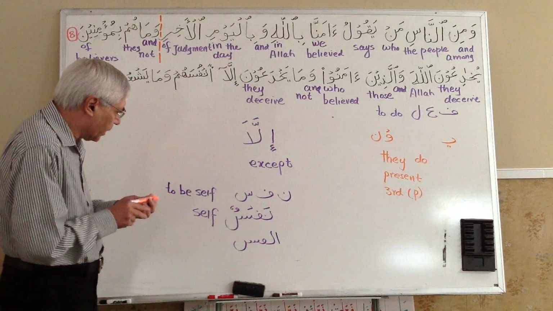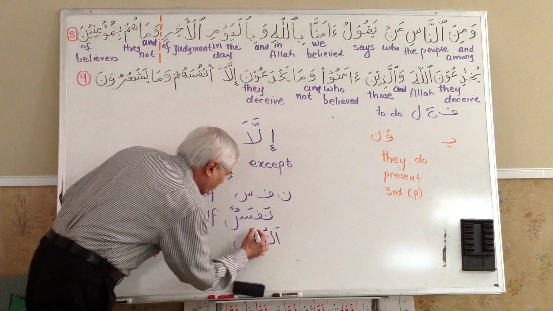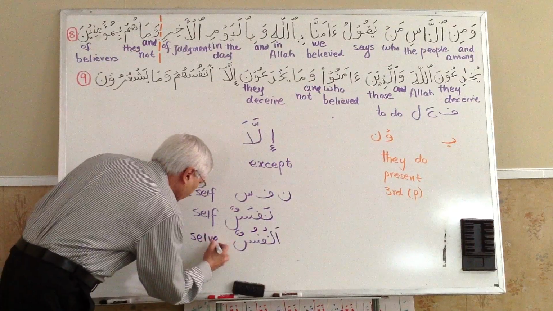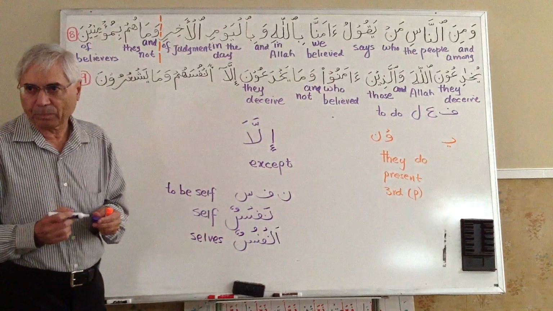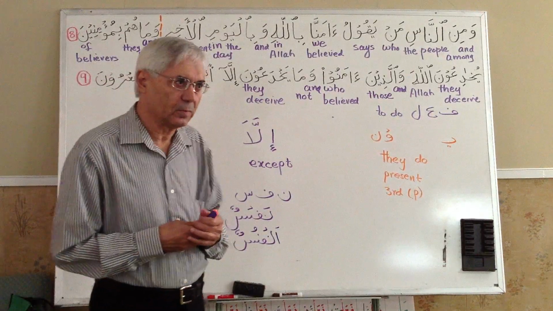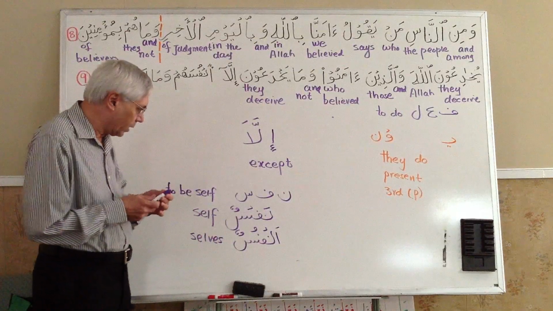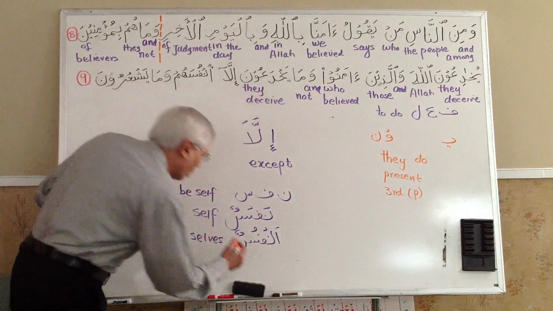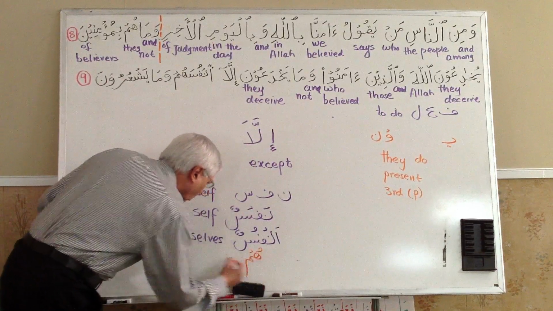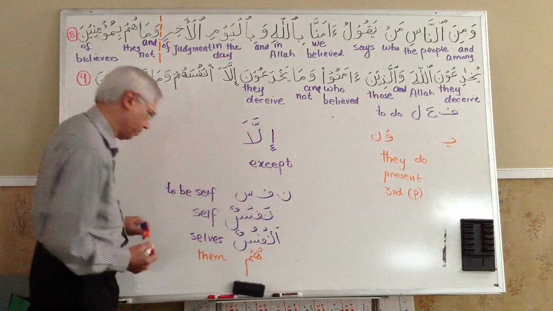Its plural is anfusun, which in plural will be selves. Then we are talking about many of these people. Plural of self is selves. Anfusun. Now, if I add whom with that, whom means them or their.